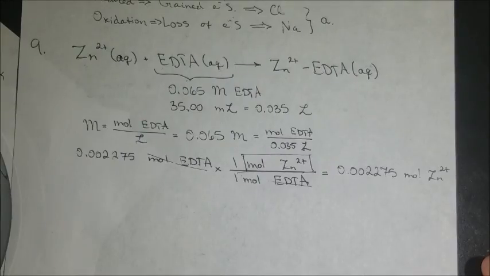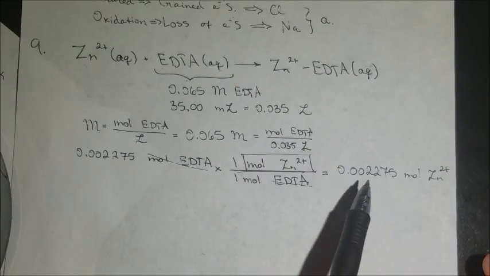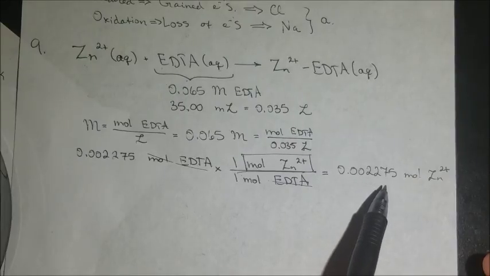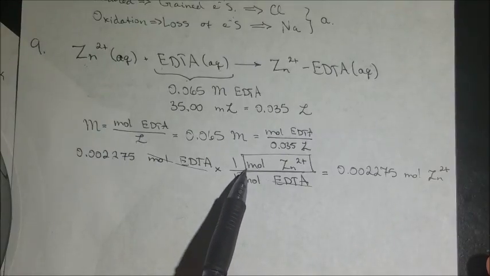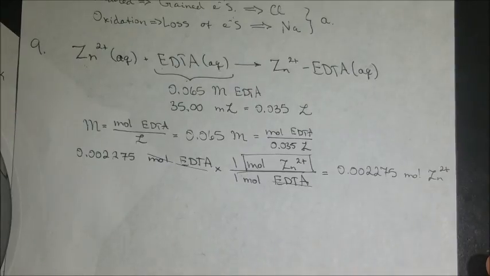If you don't show your units, then how do you know what this number is, or what it means? Yeah, you get 0.002275, but of what? I don't know. But if you put units in there, you make it very clear that these are the number of moles of zinc ion. Okay?